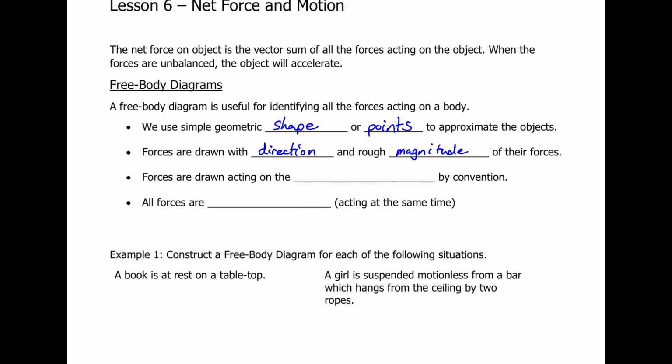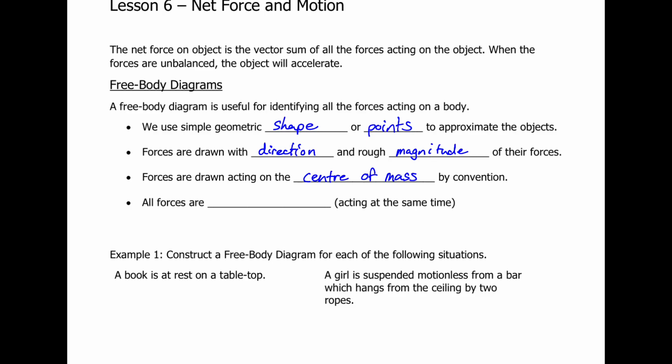Forces are drawn acting on the center of mass. So all the forces that are happening on this object at one time, we are going to treat all of them as acting on the center of the object. Gravity is pulling on the center of the object. Friction is going to be shown in our diagrams as pulling on the center of the object, even though we know it's on the surface on the bottom.